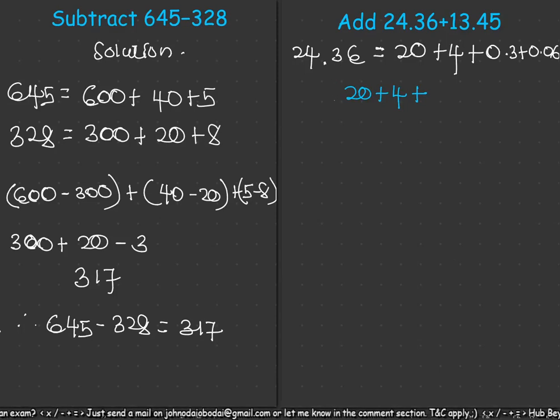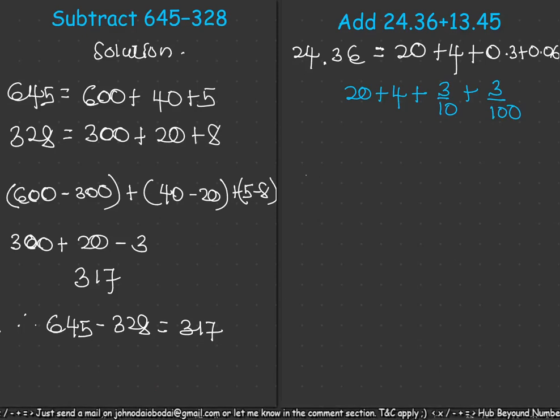Tenth means it is being divided by 10. So 3 over 10, then plus the 6 has a place value of hundredth, meaning it is being divided by 100. Any of them is fine. Okay, so you can pause and then write the second one using that same method.